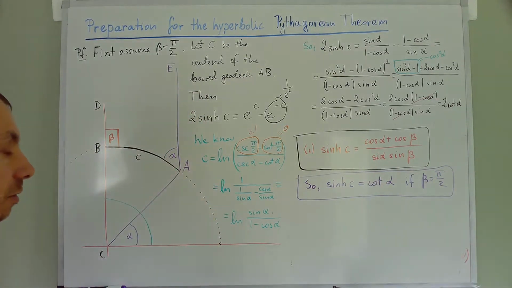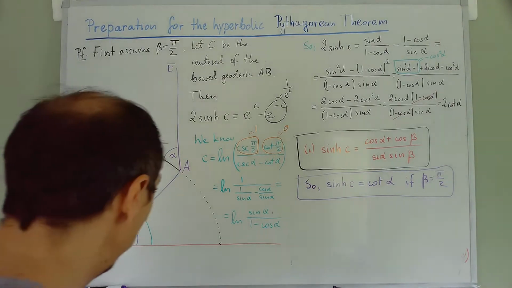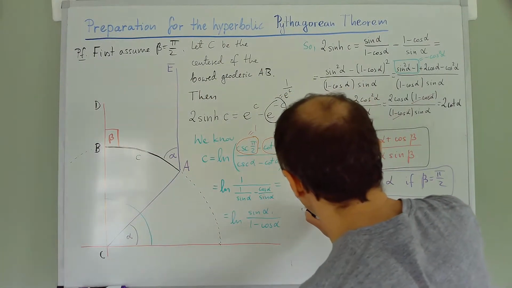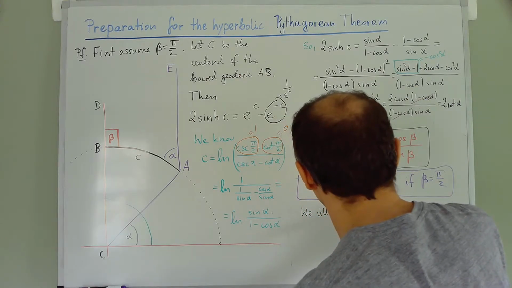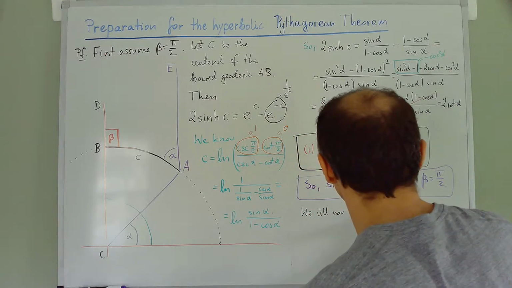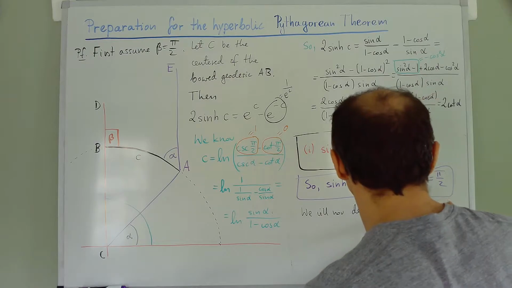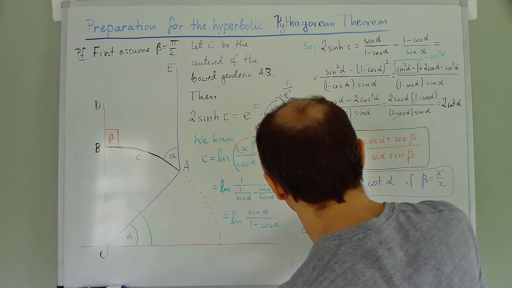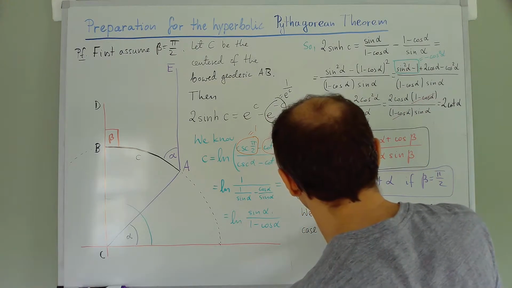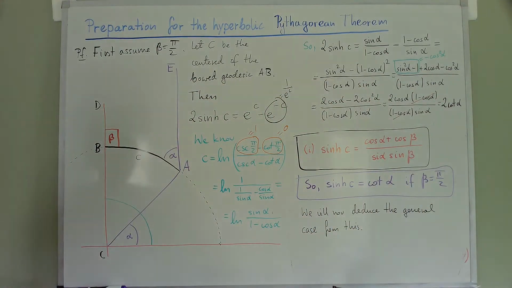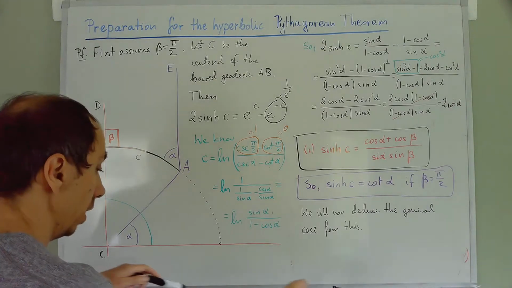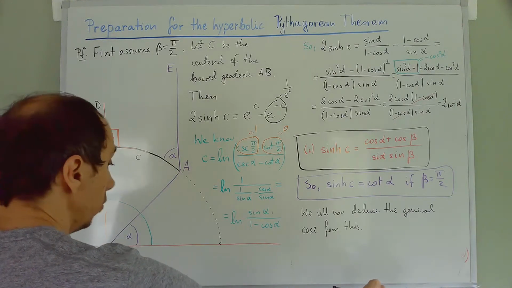Okay, so how do you now get the general case from this? So we will now deduce the general case from this. So for this we need to change the picture a little.